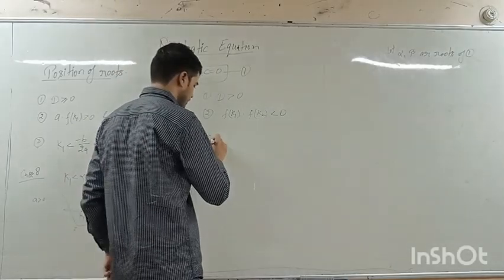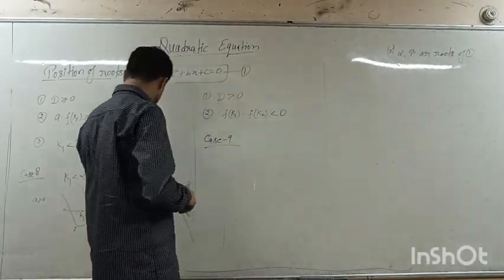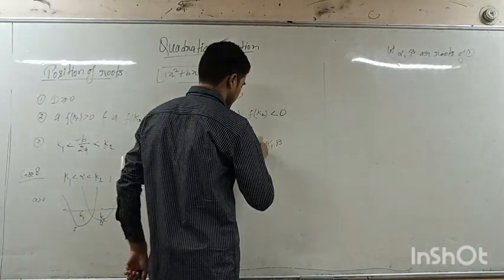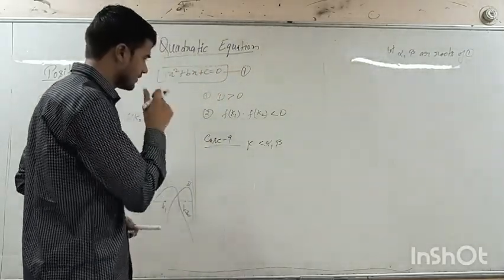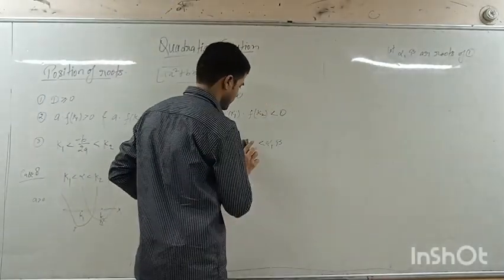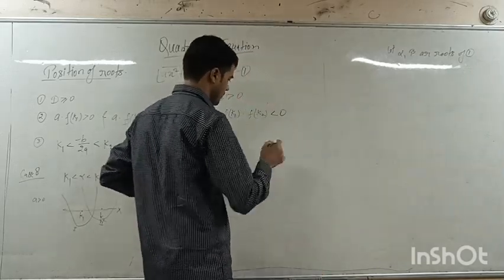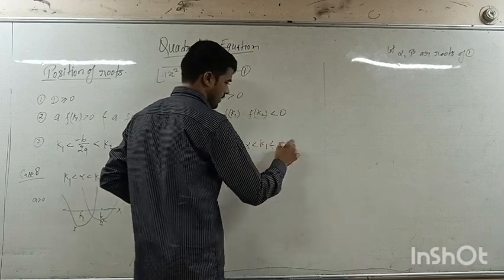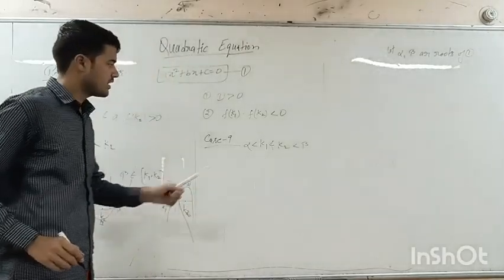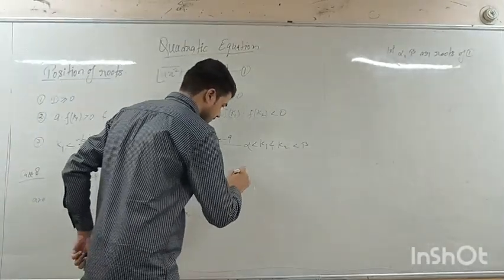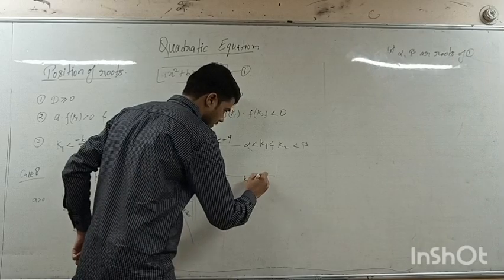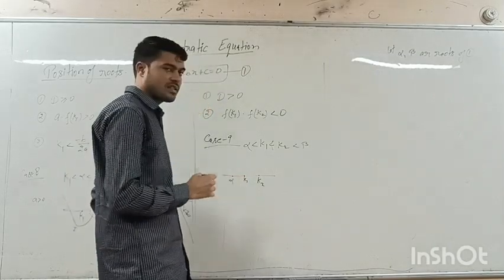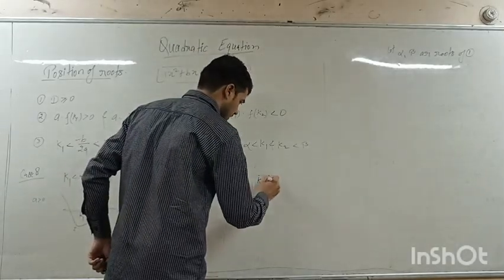So now case 9. In case 9, if k1 and k2 are greater than alpha and less than beta, means if this is k1 and this is k2, then alpha will come this side, less than k1 and k2, and beta will come this side.